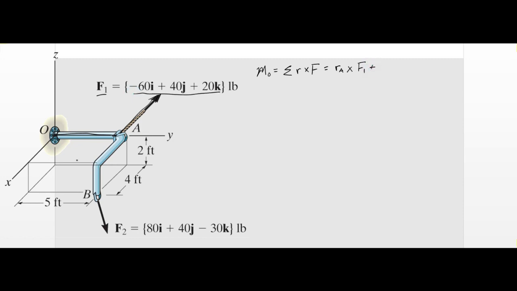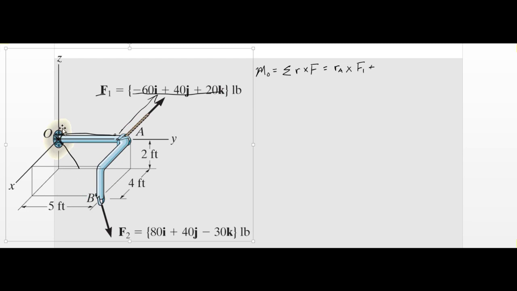Plus, now we have B, so RB cross the force F2, the force line of action here.